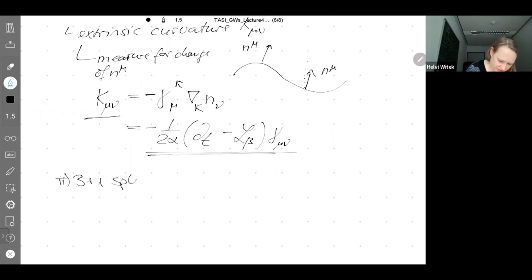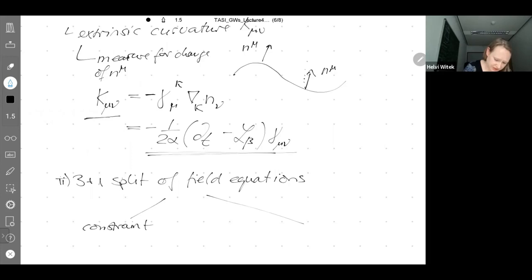So if you perform this 3+1 split of the field equations, you would essentially arrive at 2 sets of equations. The first set would be a set of constraints. In particular, you would get the Hamiltonian constraint, which is related to the Hamiltonian in the ADM formulation.